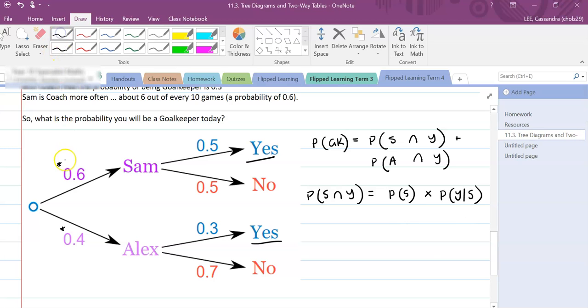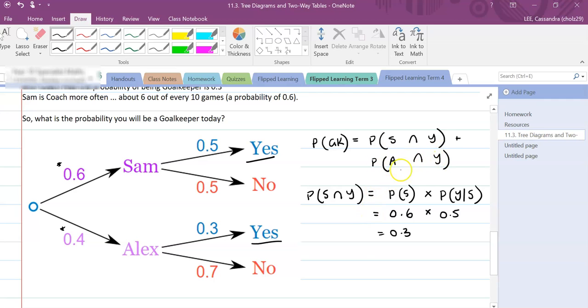So we're going to use our tree diagram to help us now. So following this pathway here, the probability of getting Sam is 0.6, and the probability of getting a yes, given that you have Sam as your coach, is going to be 0.5. So therefore there is a 0.3 or 30% chance of you being the goalkeeper with Sam.